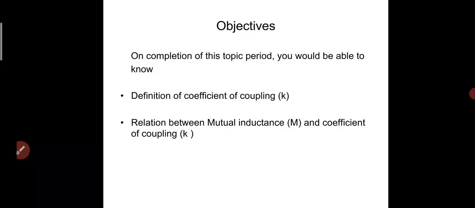Objectives: on completion of this topic, you would be able to know the definition of coefficient of coupling, which is denoted by the letter K, and the relation between mutual inductance M and coefficient of coupling K.